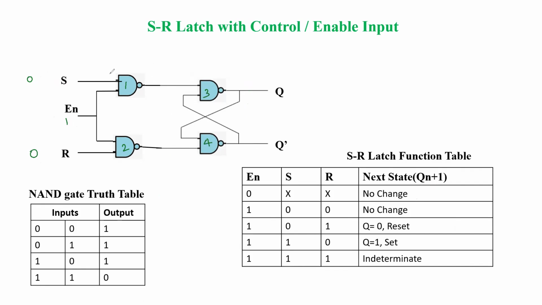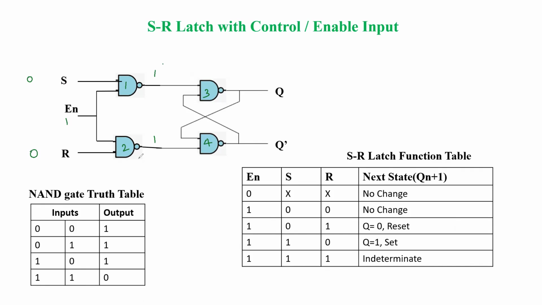Again, these are the NAND gates we are marking here. For NAND gate 1, one input is 0, one input is 1. So what will be the output of the NAND gate? The output is 1. Similarly for the other one, R is 0 and enable is 1, so the output again is 1. So when S and R are 0, 0 and enable is 1, there will be no change in the output.